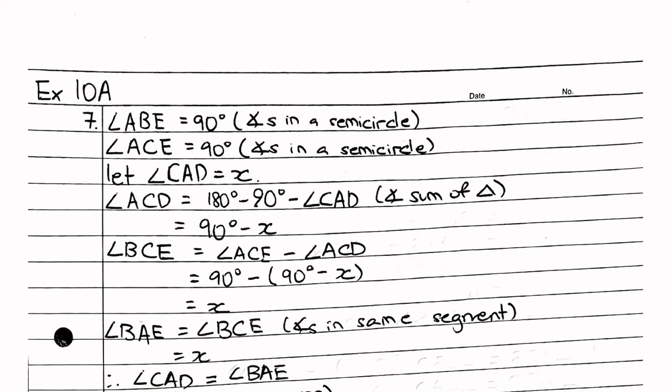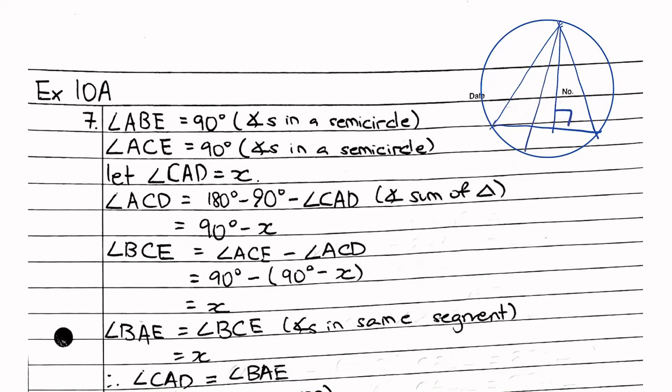Okay, I have to draw the diagram. Let me just draw it. A, D, C, E, B, join B to E, right?